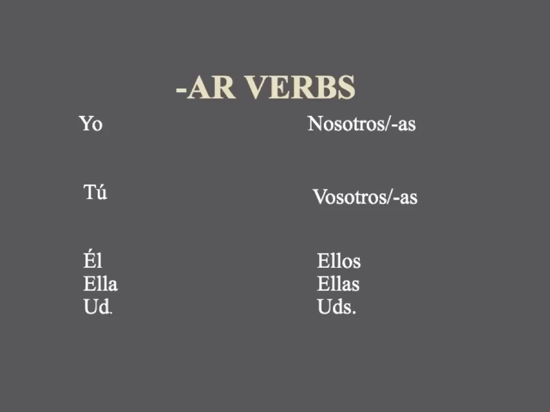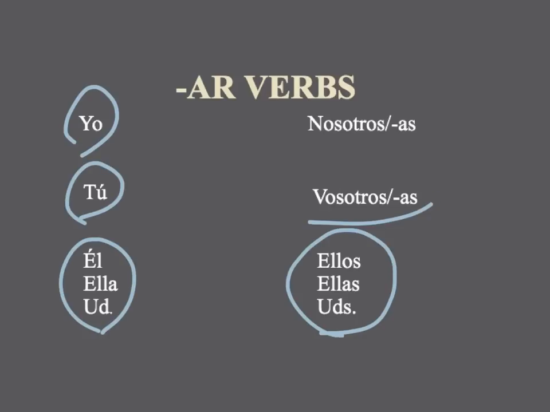Now, if you don't know what these words mean, these are our subject pronouns, and I've given them to you a couple times. So if you need to freshen up on those, check your previous notes, because that's going to help you understand what ending is connected to what person.